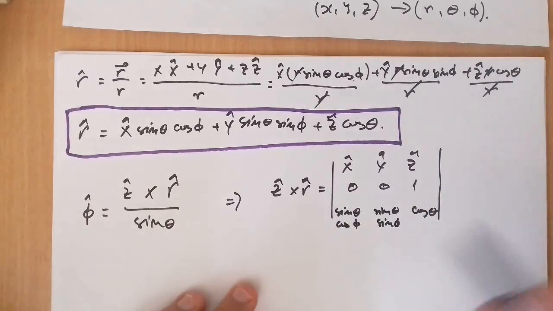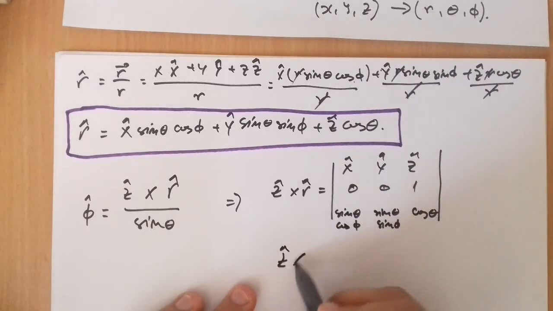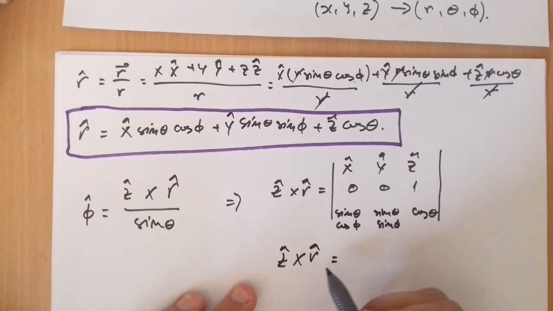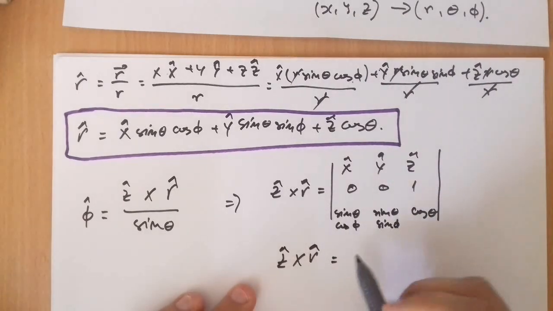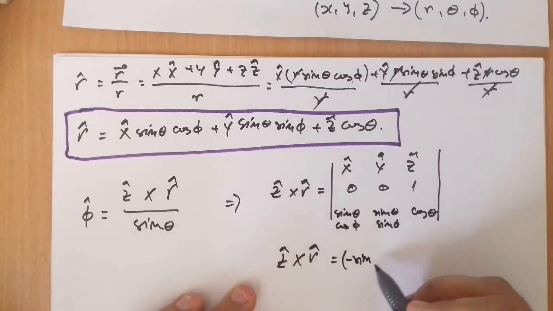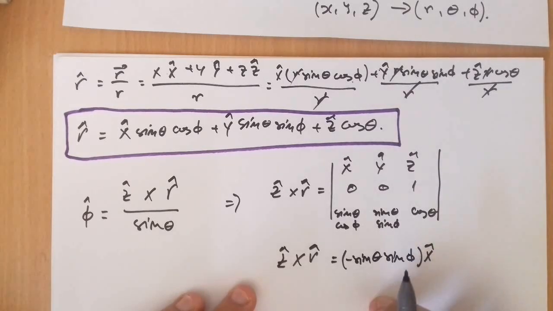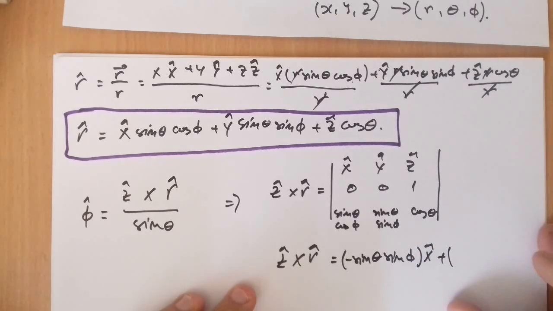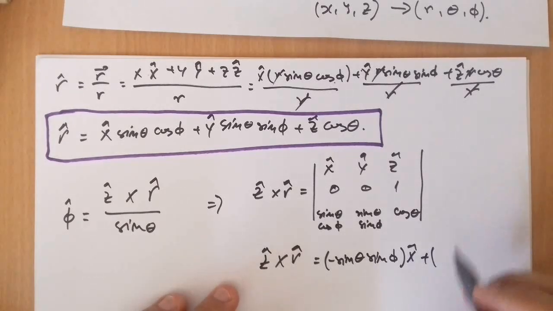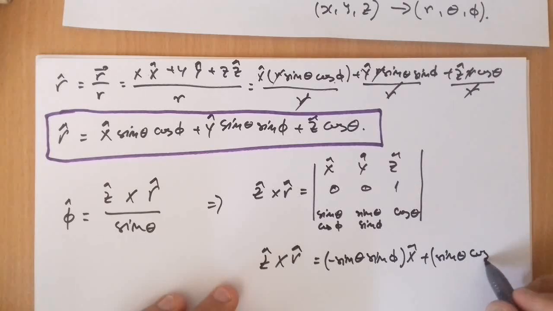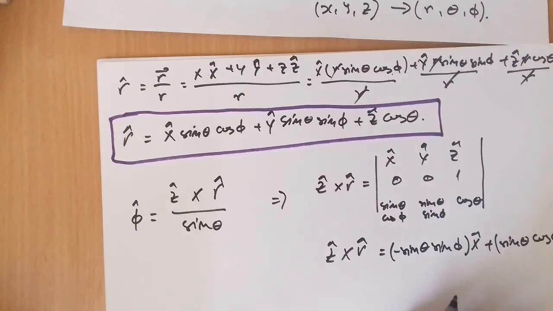You have to solve this matrix, which I think is not too complicated, and the result is minus sine theta sine phi in the x direction plus sine theta cosine phi in the y direction.